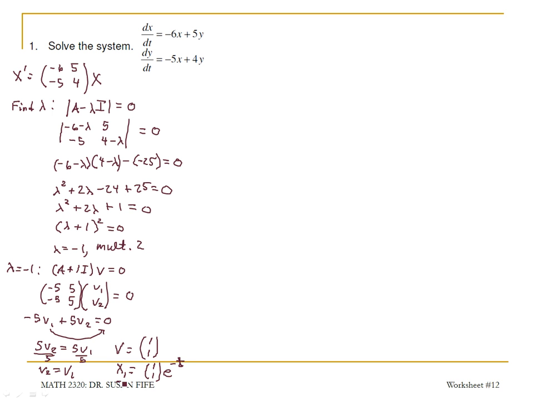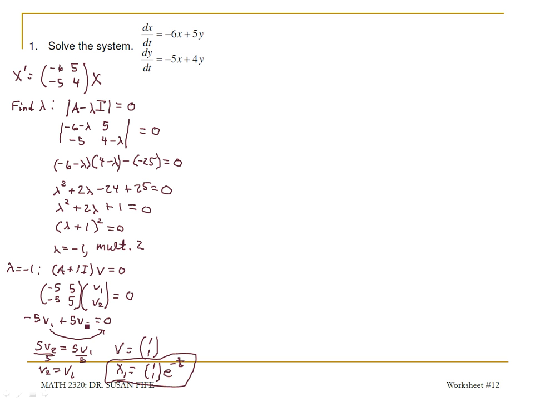One solution is x1 is our vector 1, 1 times e to the -t. Both of these equations gave me the same equation, and with the 2 by 2 system you always essentially get the same equation back.